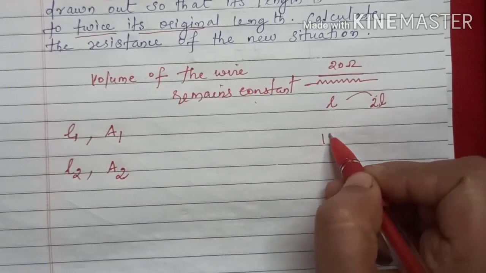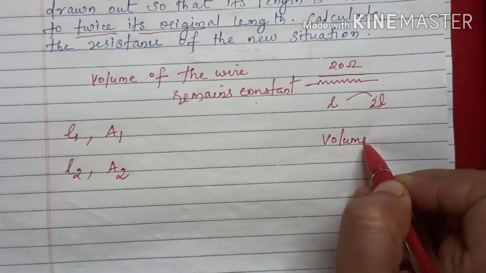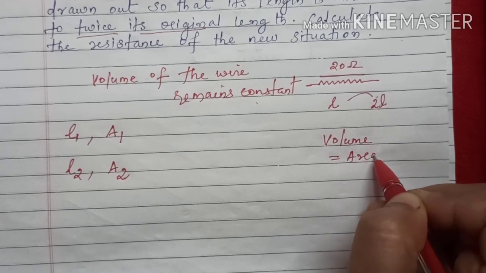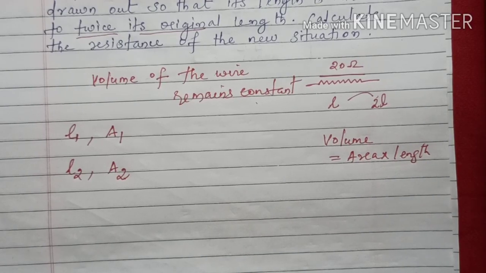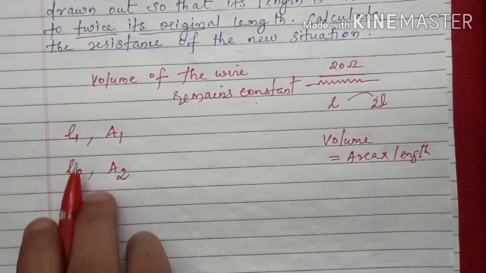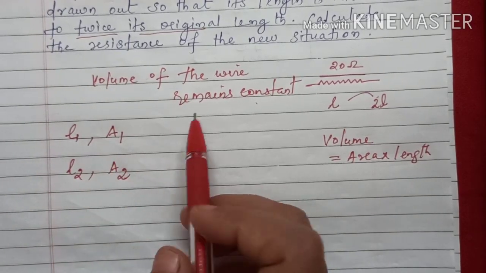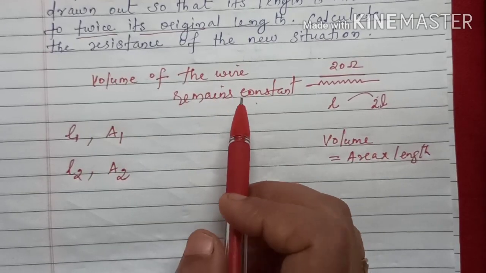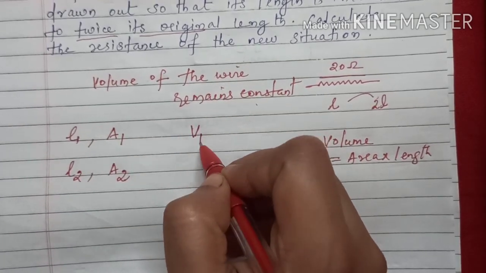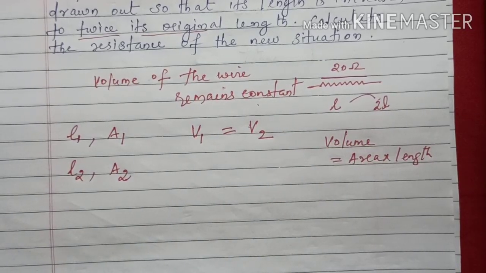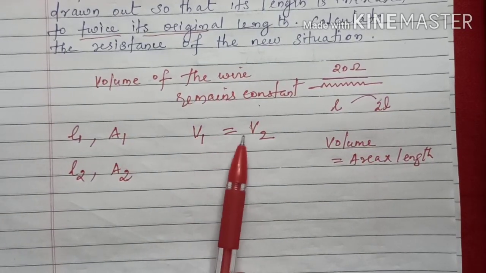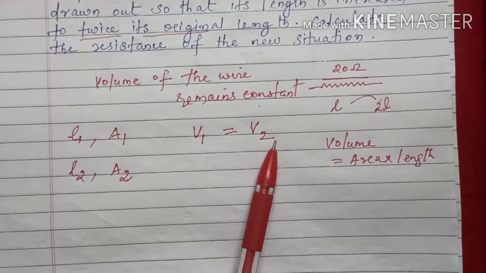You know the expression for volume: volume equals area into length. So, as the volume of the wire remains constant, I can write V1 must be equal to V2. The volume before drawing out must equal the volume after.